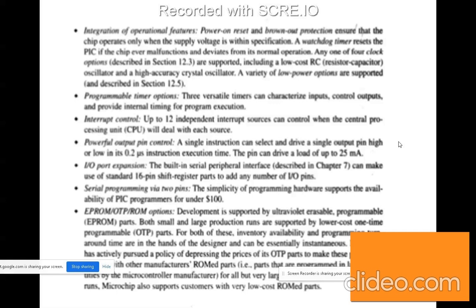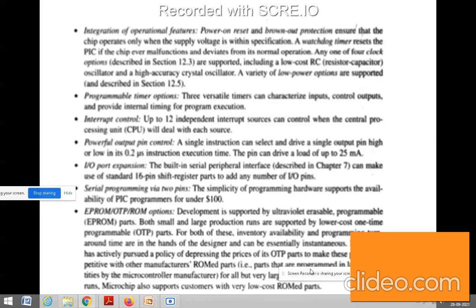For both of these, inventory availability and programming turnaround time are in the hands of the designer and can be essentially instantaneous. Microchip has actively pursued a policy of depressing the prices of its OTP parts to make these parts competitive with other manufacturers' ROM parts. That is, parts that are programmed in large quantities by the microcontroller manufacturer for all but very large production runs.